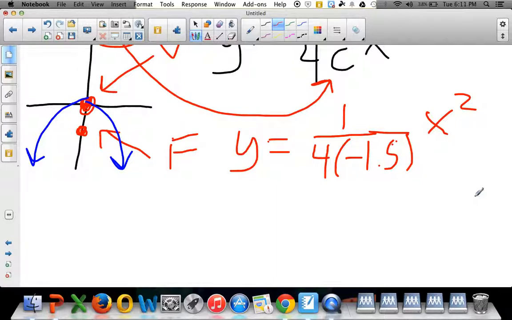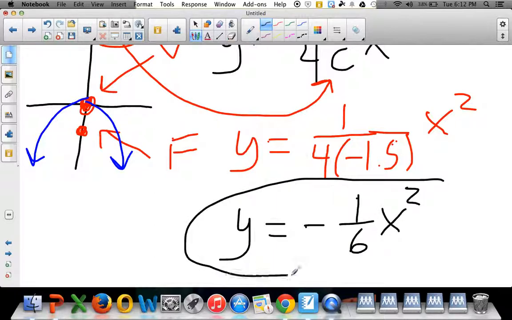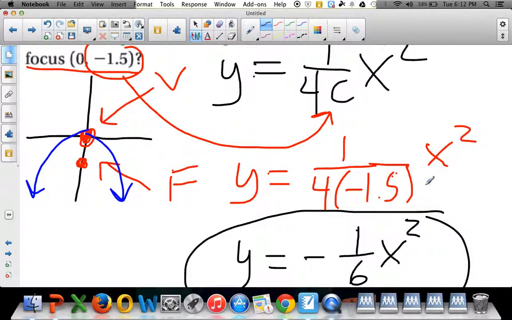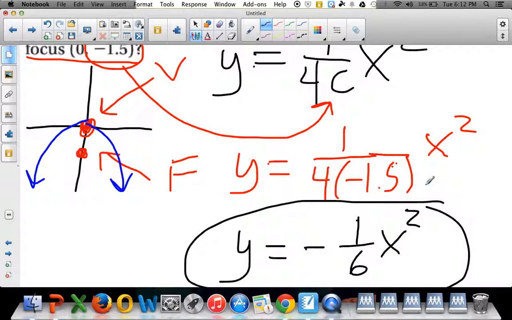Multiplying 4 times negative 1.5, I'm going to have y equals negative 1/6 x squared. And that is the equation of a parabola with vertex at the origin and focus 0, negative 1.5.